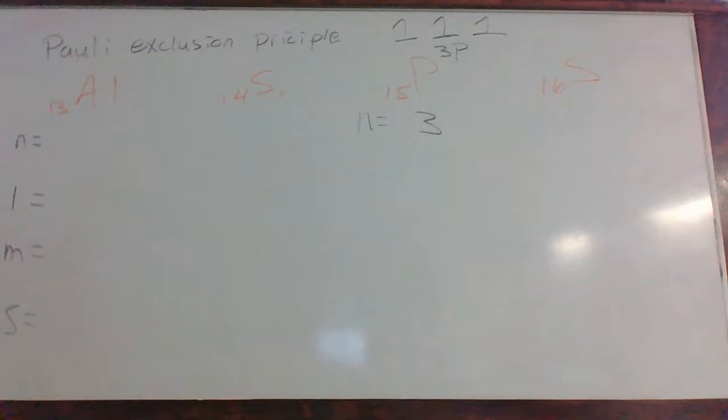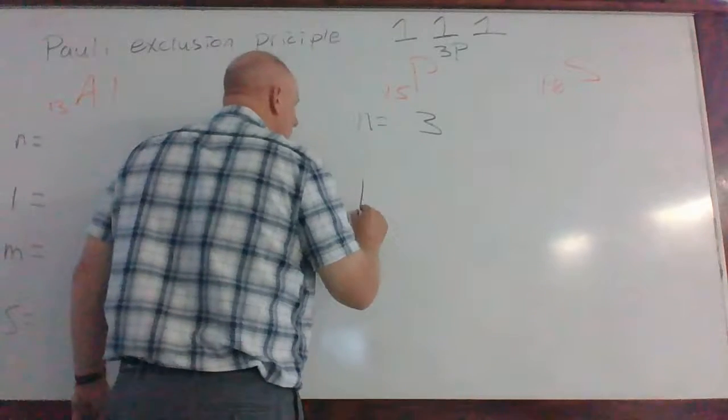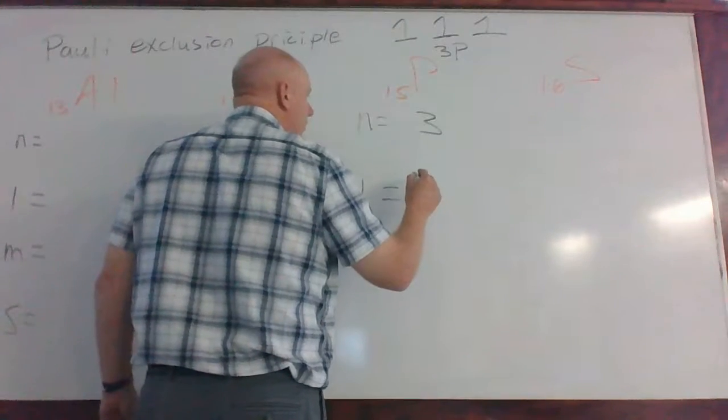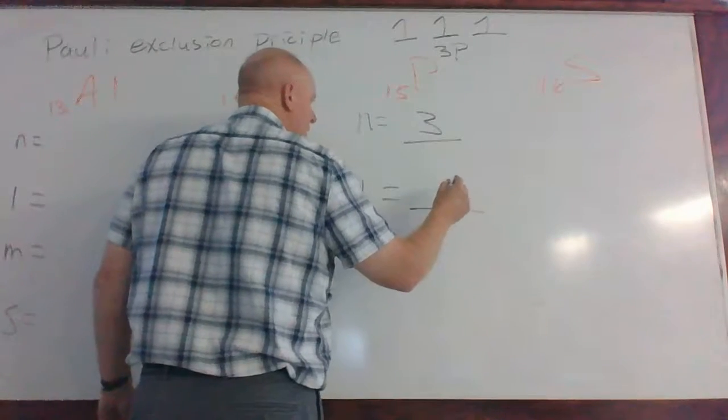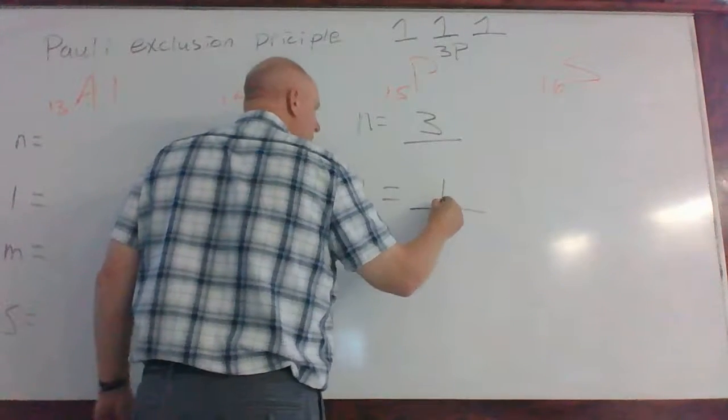Let's just go in order. So then the next one, since it's in the P block, what value does L have? What other numbers could it possibly be? 0, 1, 2, or 3. So we said 1.